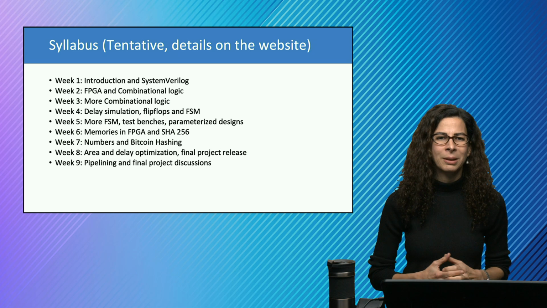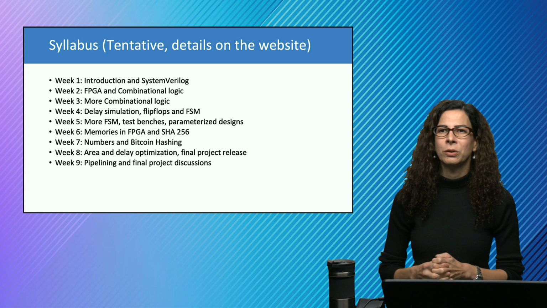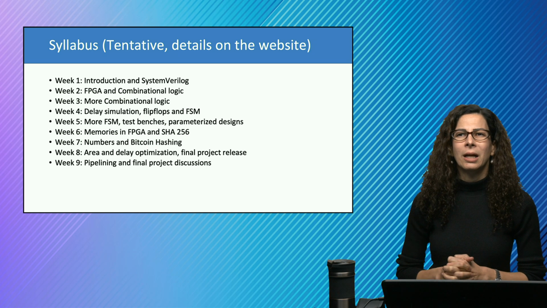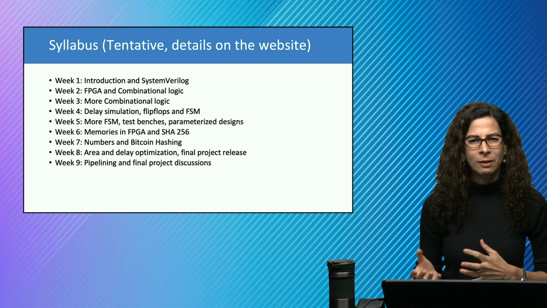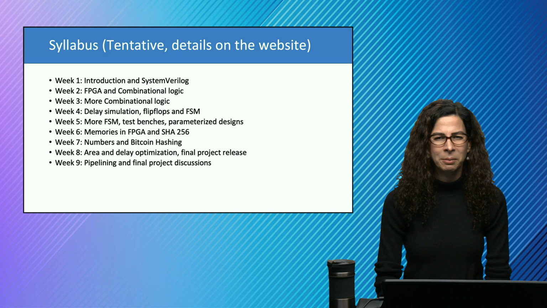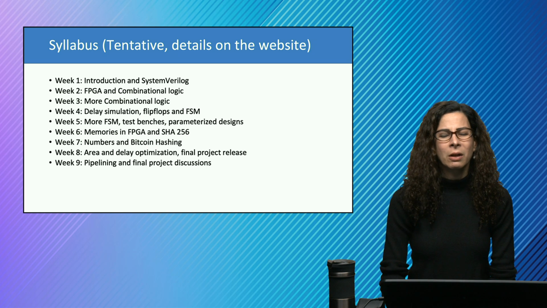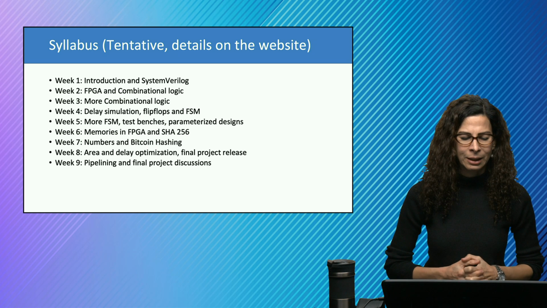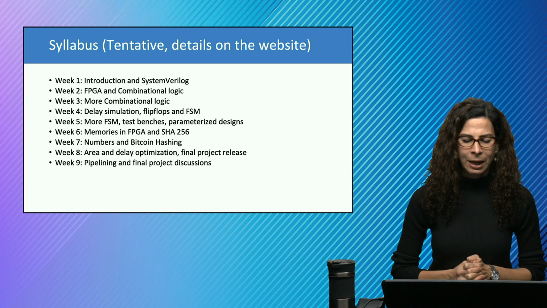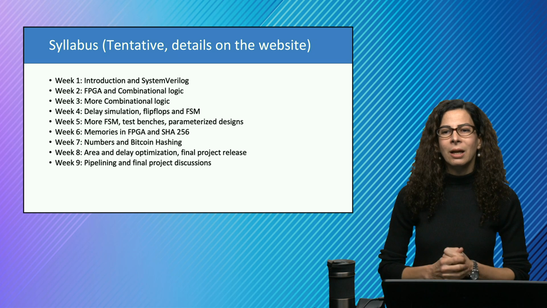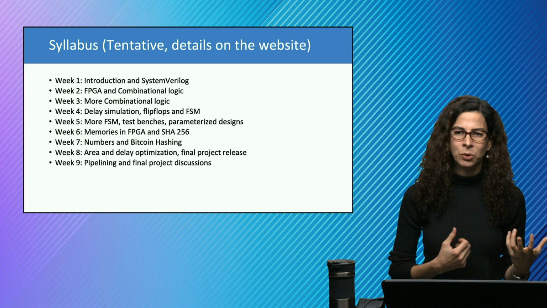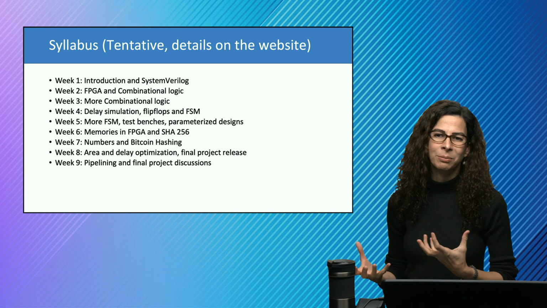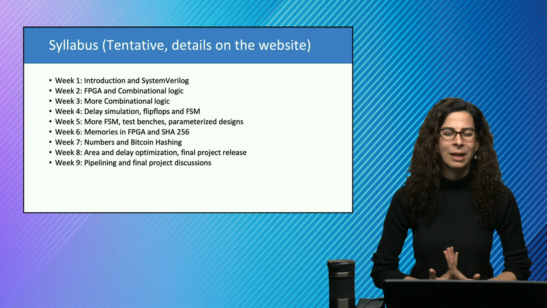Here is a tentative syllabus for the class. This is designed for 1 quarter. This time we have a 9-week quarter. We'll be talking about the System Verilog introduction, programmable logic and combinational logic. We'll be talking about how you will have memory elements added and how you could simulate delay and how you could have sequential circuits. Of course, if you have a circuit, you want to be able to have testing and you want to make it parameterizable so you could reuse parts of the design later on.